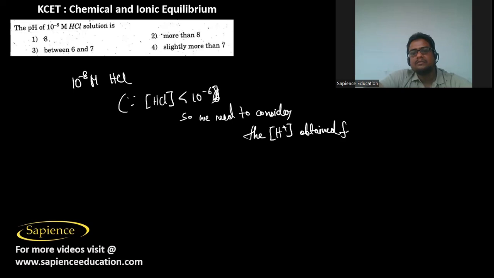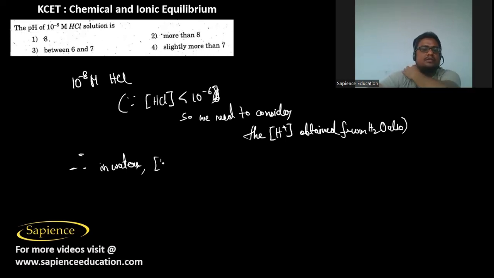In water, the concentration of H plus ion is 10 power minus 7 molar, since it is a neutral solution.